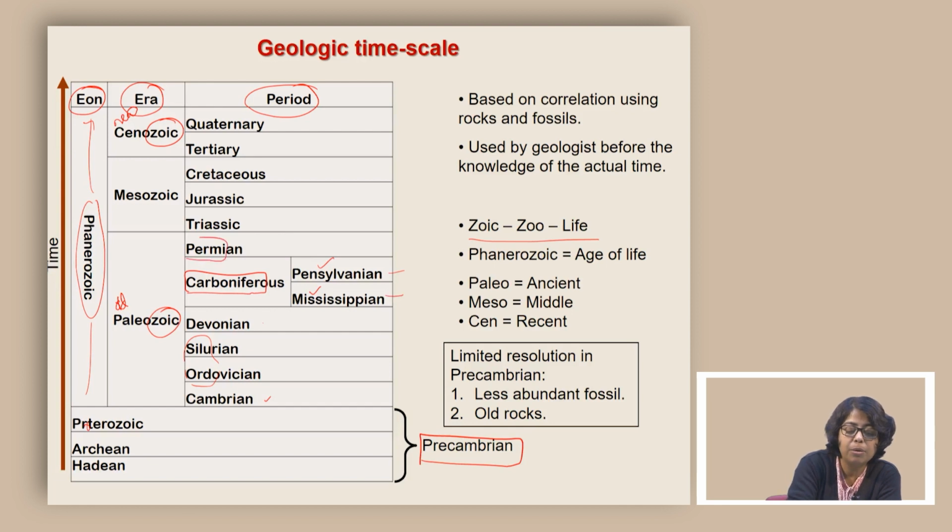Permian comes from the name Perm province. Triassic, part of the Mesozoic, comes from the idea that it has a three-part division. Jurassic comes from the Jura Mountains, and Cretaceous is primarily from the idea of chalk deposit.